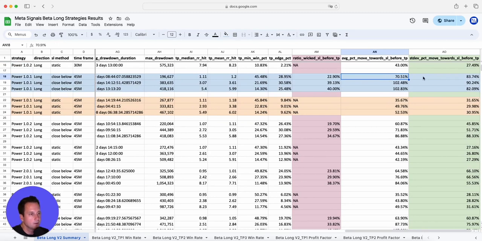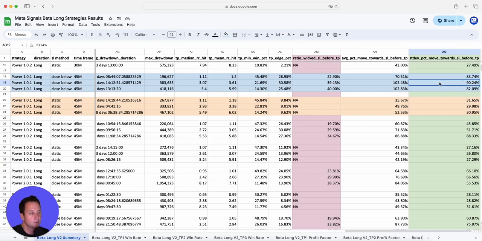This is telling you very clearly, average and standard deviation, that in general, there's no need to rush in to the trade on this time frame with this strategy. In general, we move 70% on average, 83% standard deviation towards the stop loss from the entry before returning up and hitting TP1.